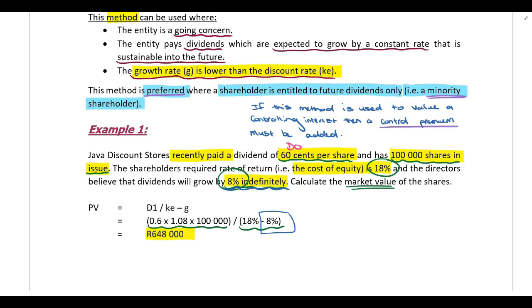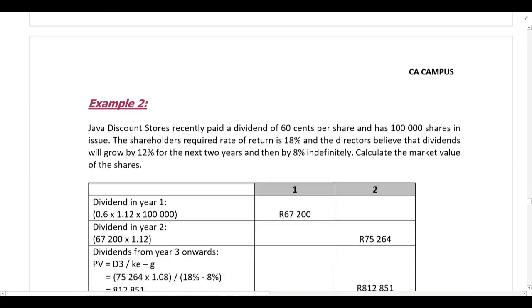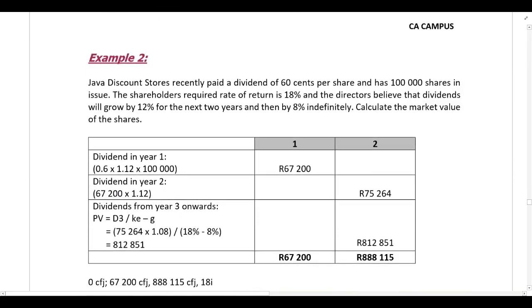In addition to that, when I put D1 or my future estimated dividend into this calculation, it gives me the present value today. So this always jumps back 1 year. If I put next year's dividend in the calculation, it gives me a value today. Now, I want you to remember this when we look at example 2 on the next page.